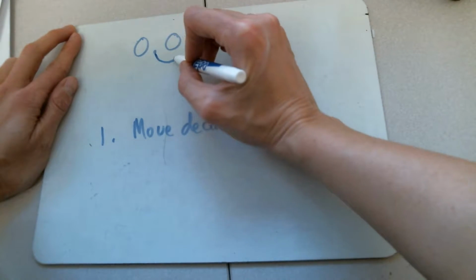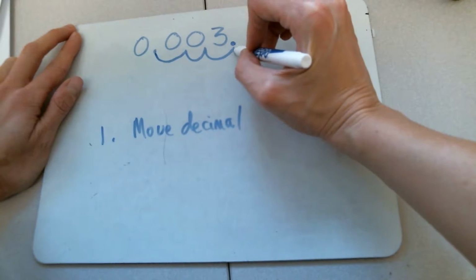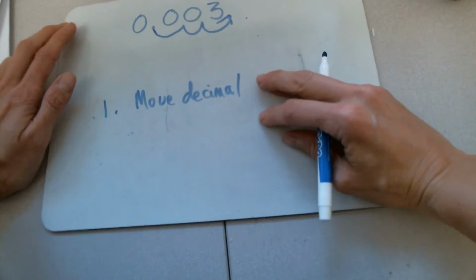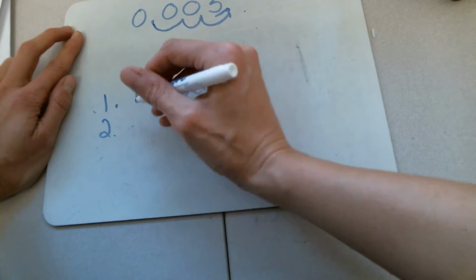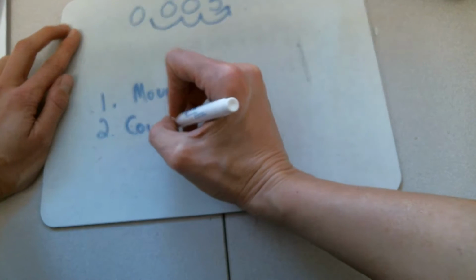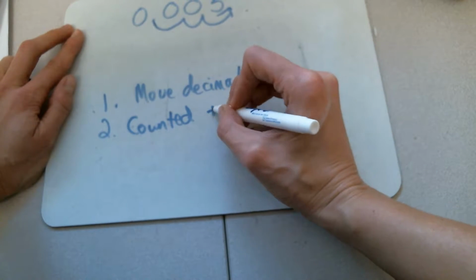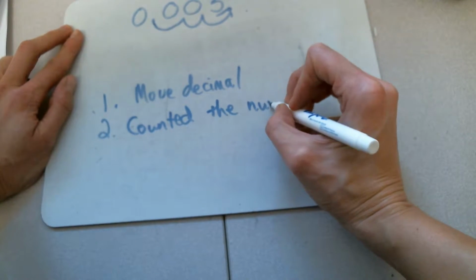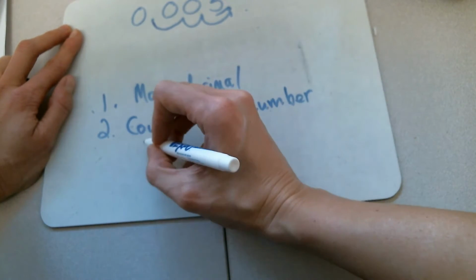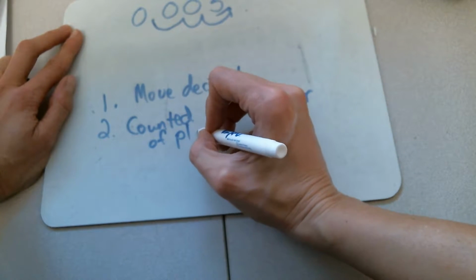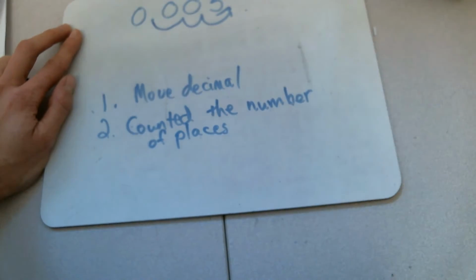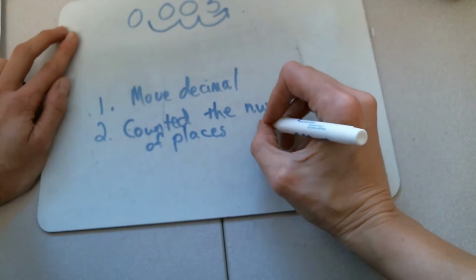So how many places did I move it? 1, 2, 3. Okay. So then I counted the number of places that I moved it. In this case, I moved it 3 places.